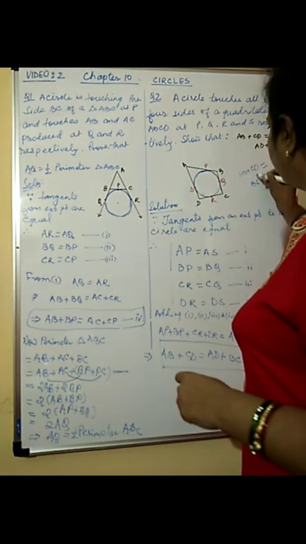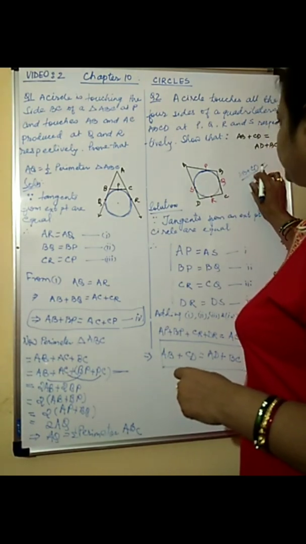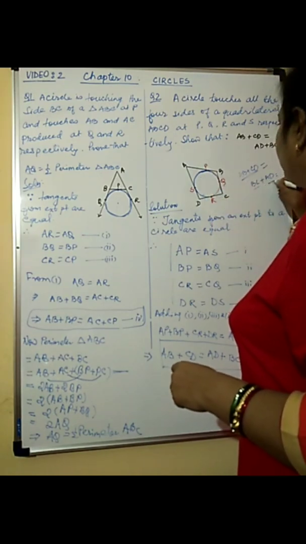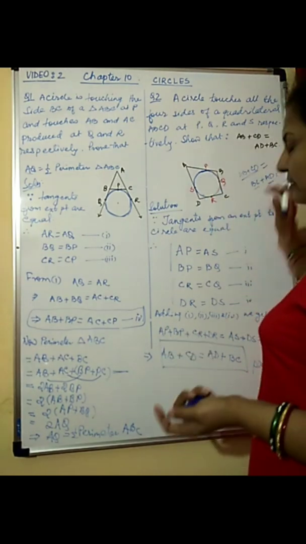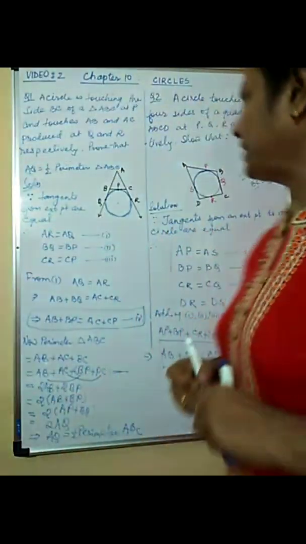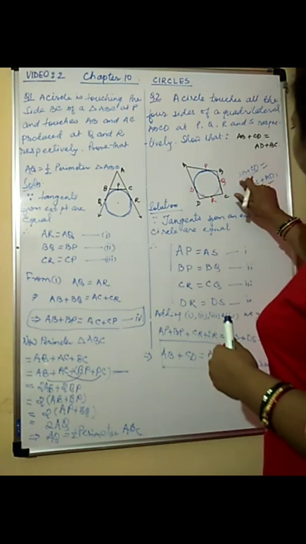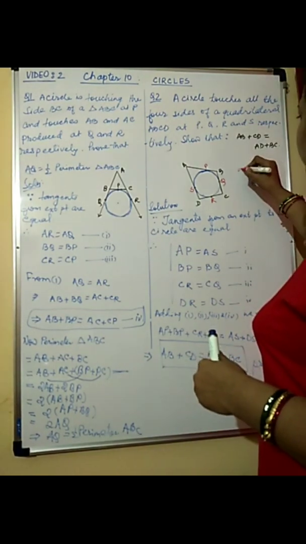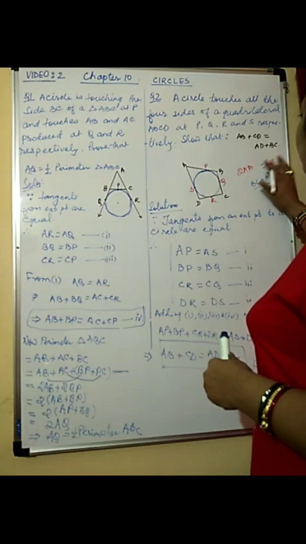But in a parallelogram, AB is equal to CD, the pair of opposite sides are equal, and BC is equal to AD. So what is the change that is possible? In place of AB plus CD, we can straight away write 2AB.